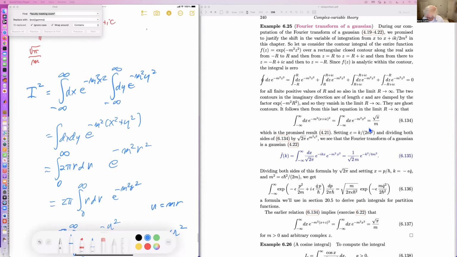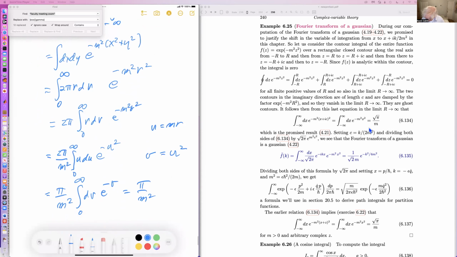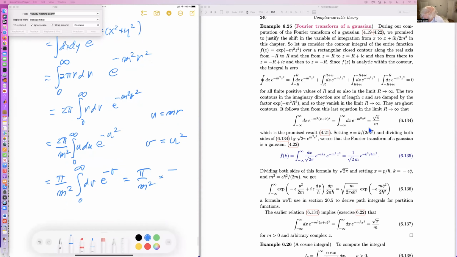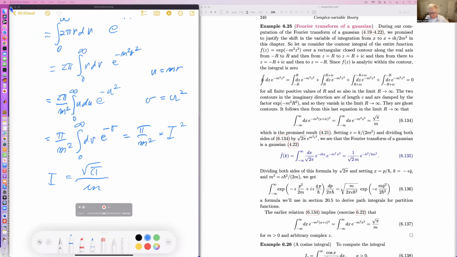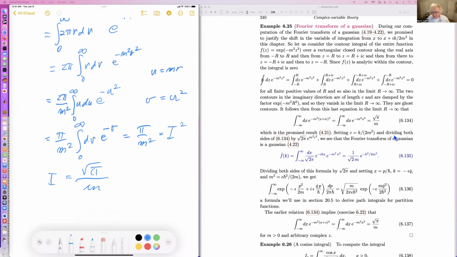So what do we have? The integral we want then is the square root of that. So the integral is square root of pi over m. And that's what we've gotten here. That's a cute trick for doing that integral.